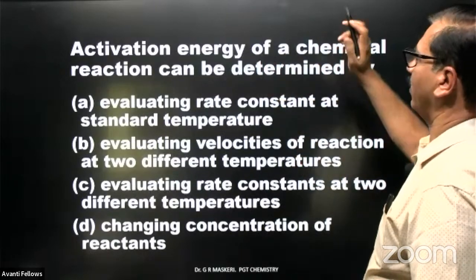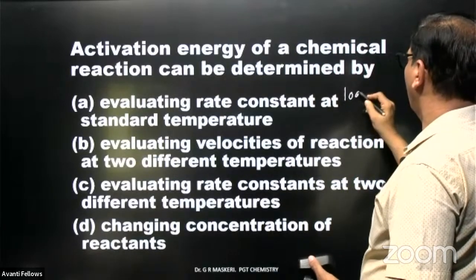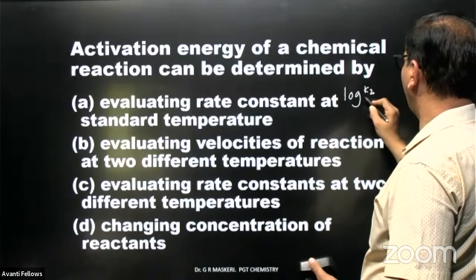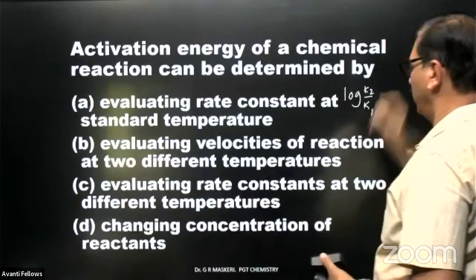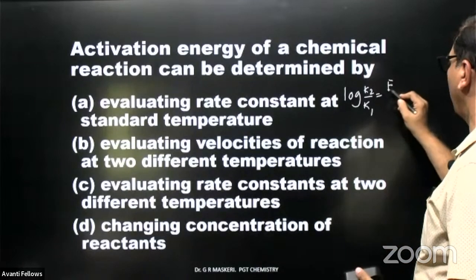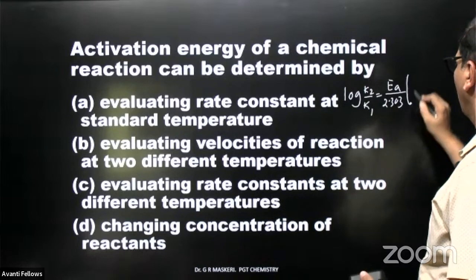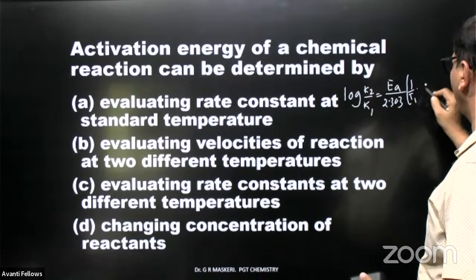Activation energy of the chemical reaction: how it is related is log of K2 by K1. The expression used there is log K2 by K1 equals Ea by 2.303 into (1 by T1 minus 1 by T2).